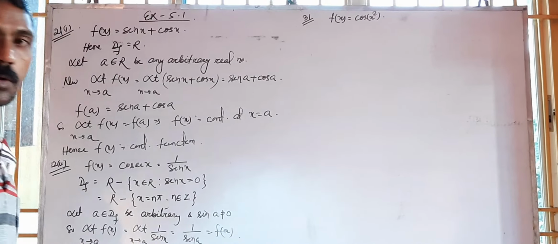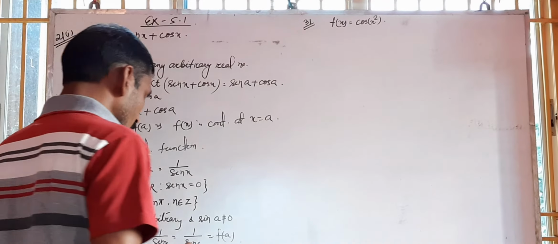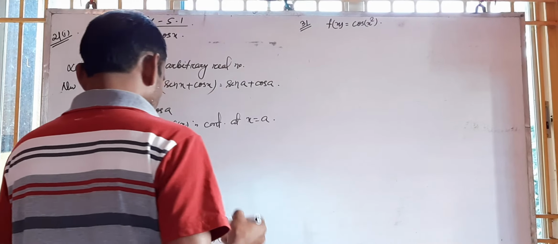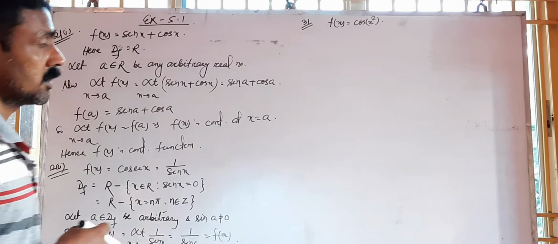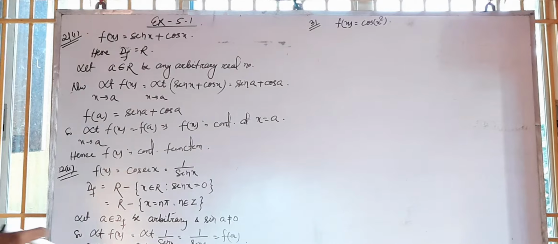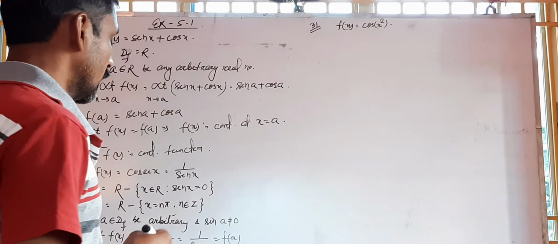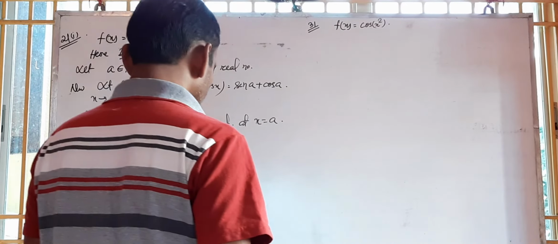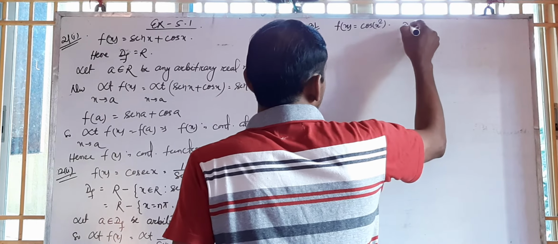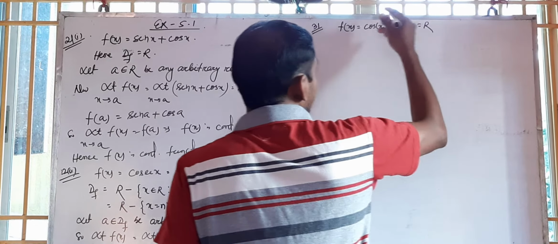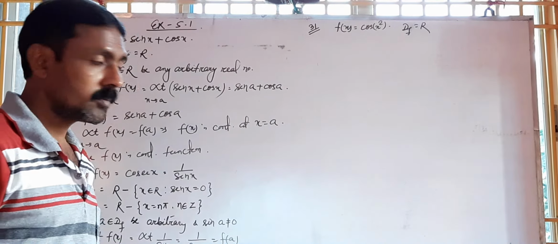F of x is cos x square. So here what type of function is it? It is a composite function. Trigonometric and algebraic both are combined. So here what is the domain? Domain of f is again real numbers.